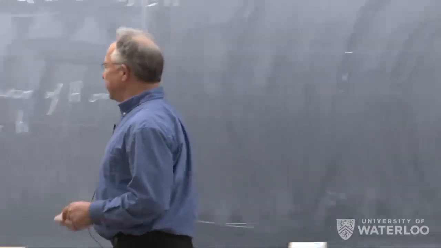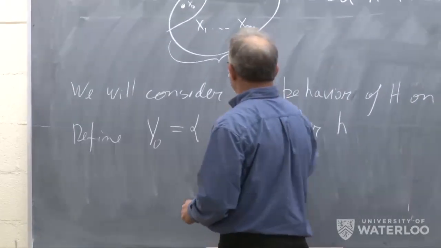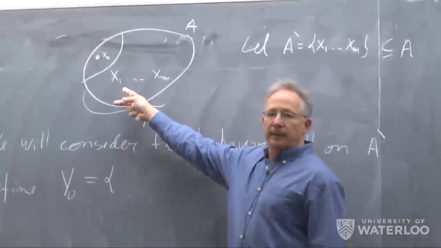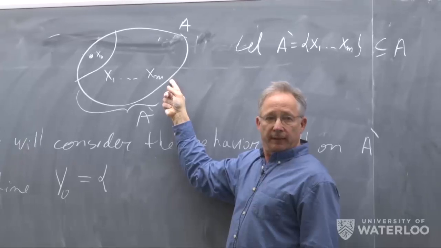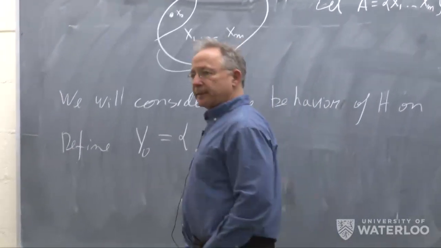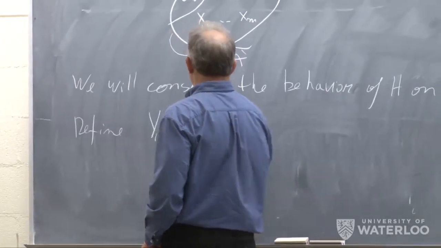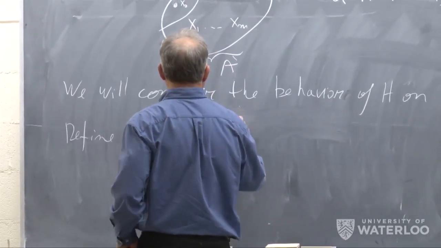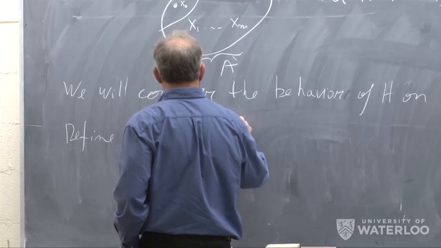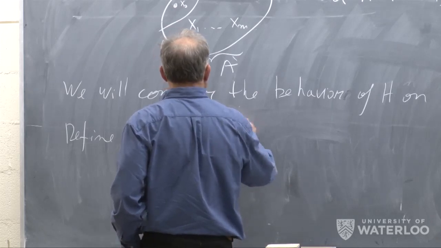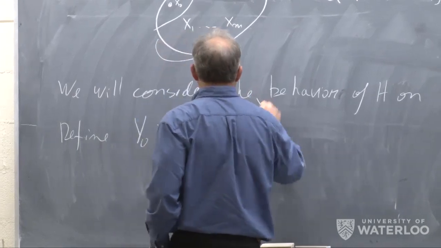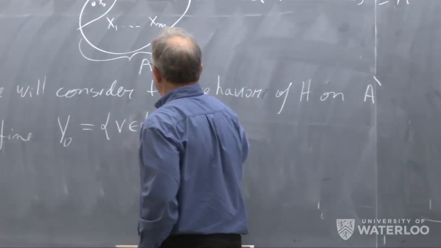And maybe it will be clearer if we do it with 0, 1 vectors. So again, what we want to count is how many behaviors, how many 0, 1 vectors I can get here. So let Y0 be the set of all vectors V in {0, 1} to the power A prime, or to the power m.